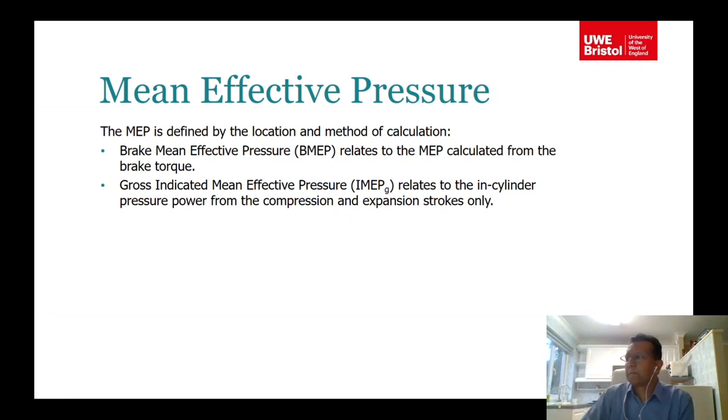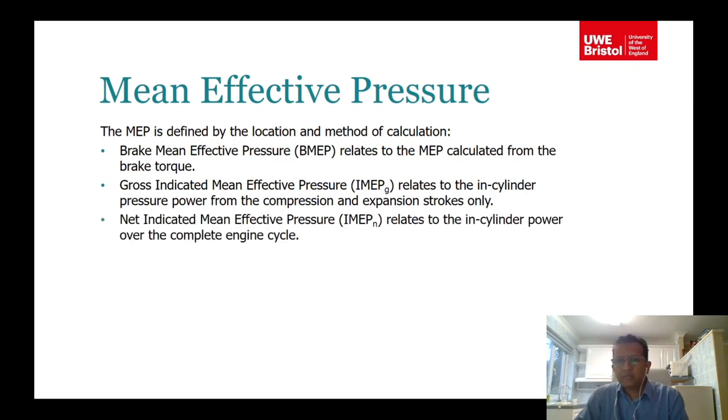Okay. So basically, brake power is actually gross indicated power minus the losses. Okay.